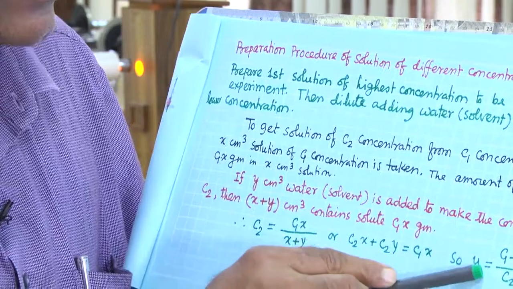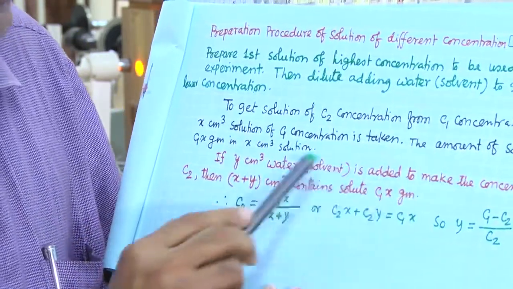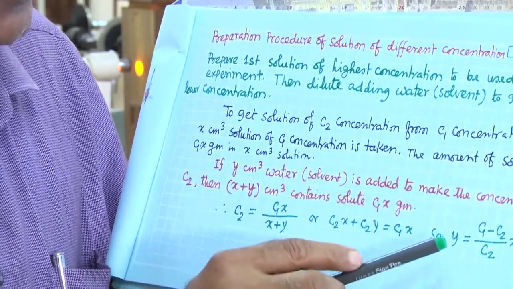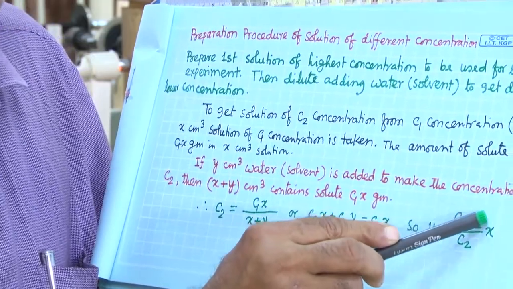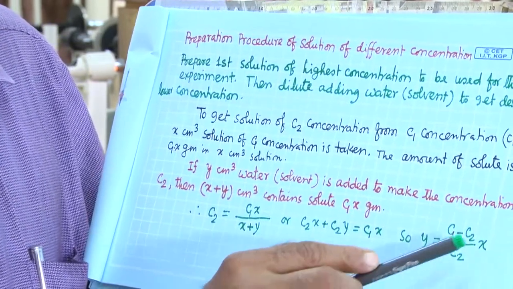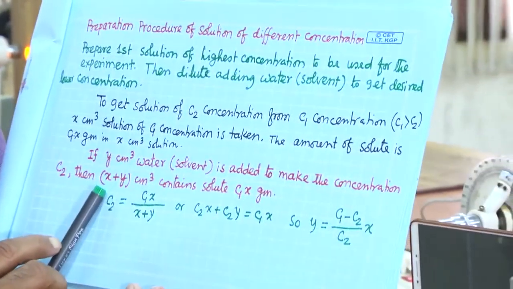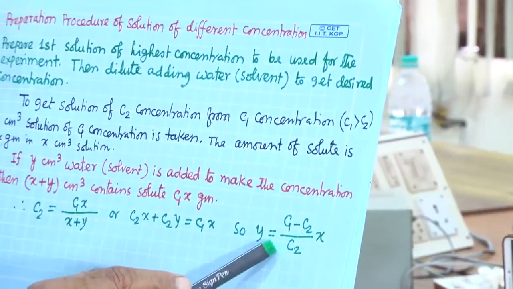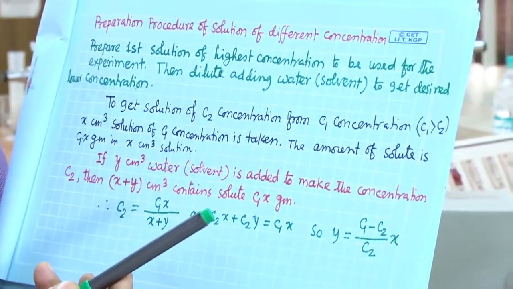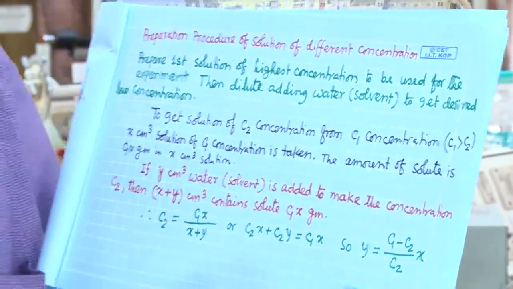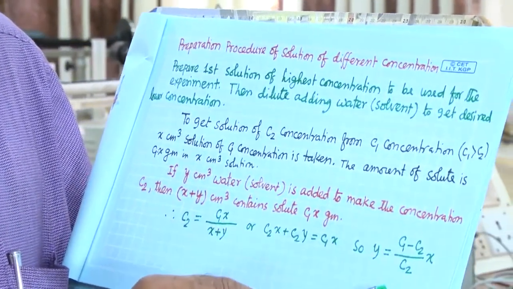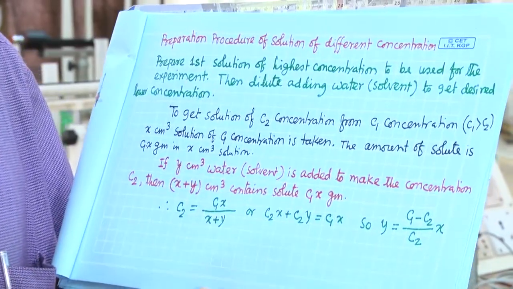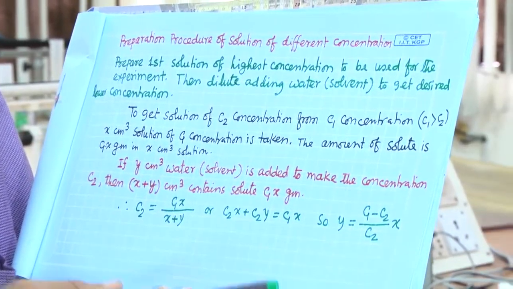Here I have written the details. It will come as (C1 minus C2) divided by C2, into X. Using this formula, we can prepare solutions of different concentrations, from C1 to C2, then C2 to C3, where C3 is less than C2.